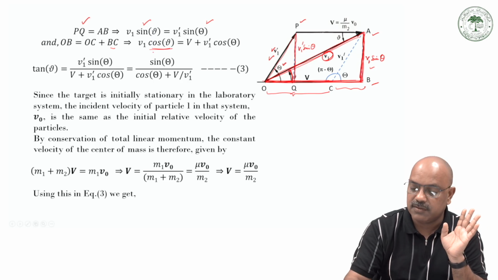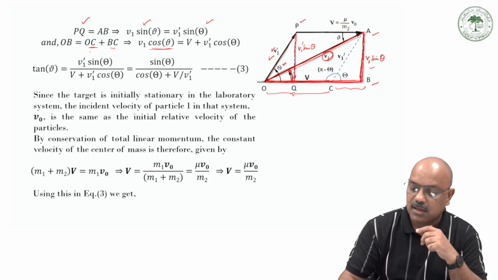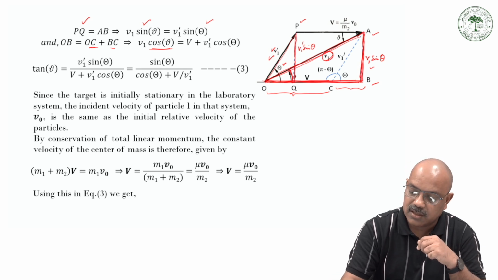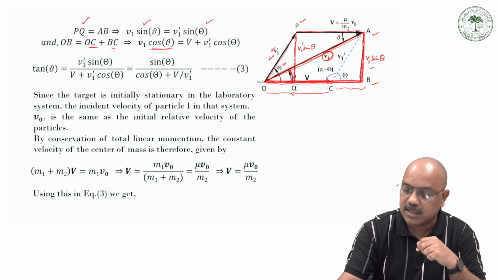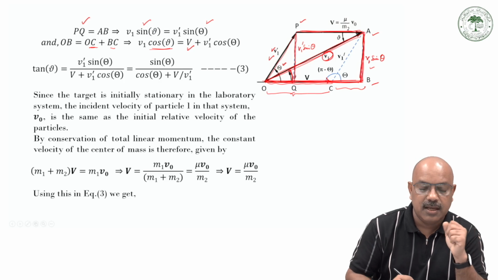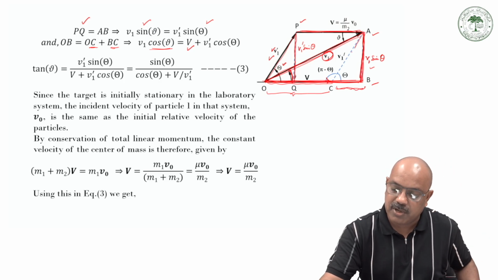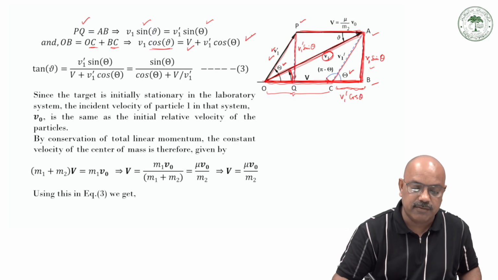And OC is what? If you see, this length is equal to this length, so OC is nothing but V. And BC is, if this is my V1 prime and this is angle theta prime, V1 prime cos theta prime. So this is what you have.